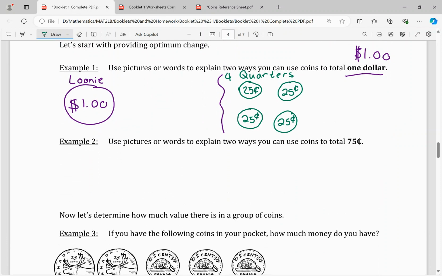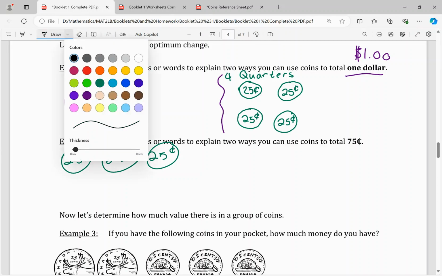So instead we use quarters, and we can use 3 quarters in order to make 75 cents because, again, 1 quarter is 25 cents, 2 quarters is 50 cents, and 3 quarters would give us 75 cents.